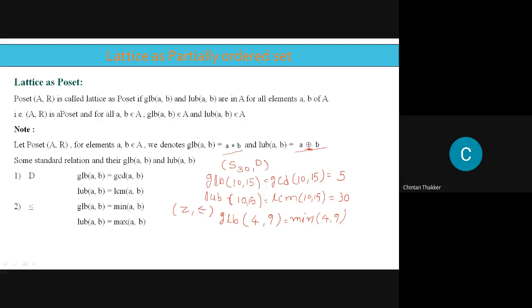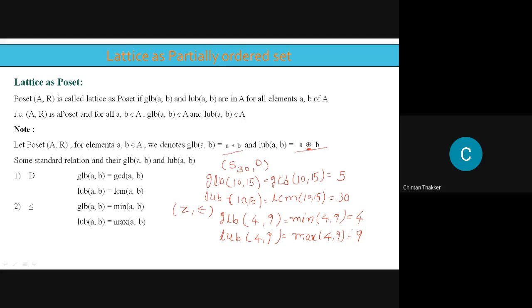From 4 and 9, 4 is the minimum number, so the answer is 4. So the GLB is 4. And the LUB of 4 comma 9 is the maximum of 4 comma 9. The maximum number is 9. So the LUB is 9. Okay. So remember this: for less than or equal to, the GLB is the minimum number and the LUB is the maximum number.